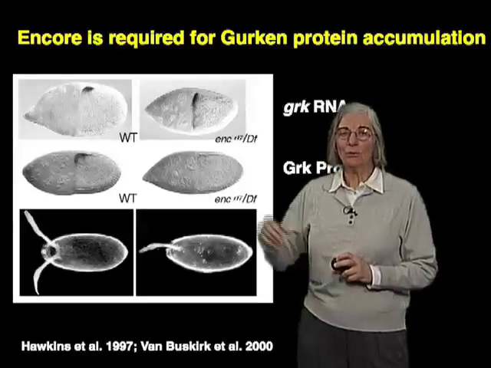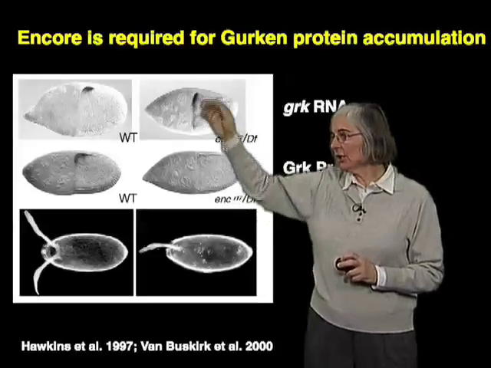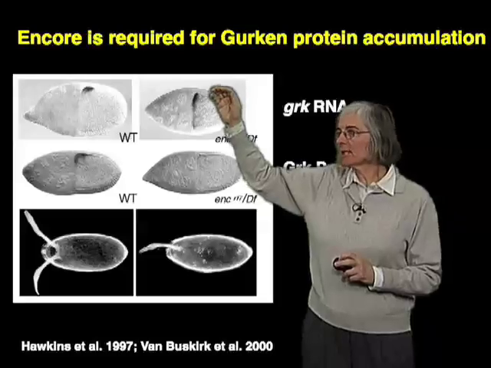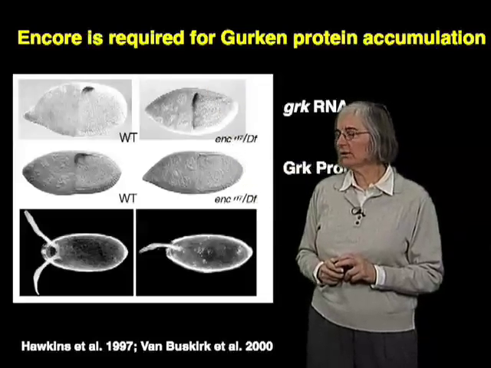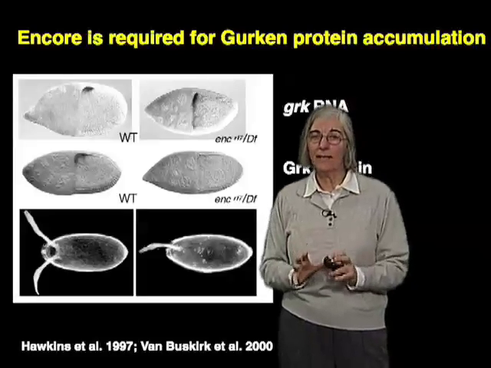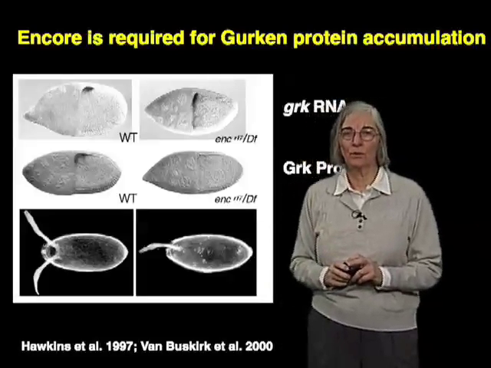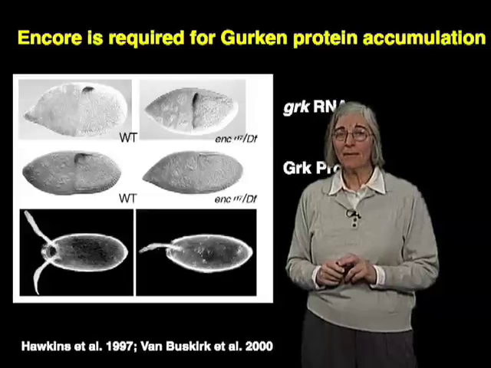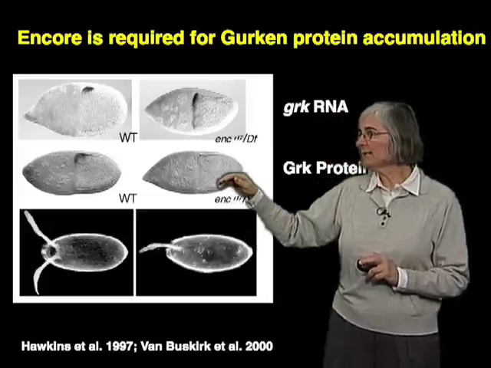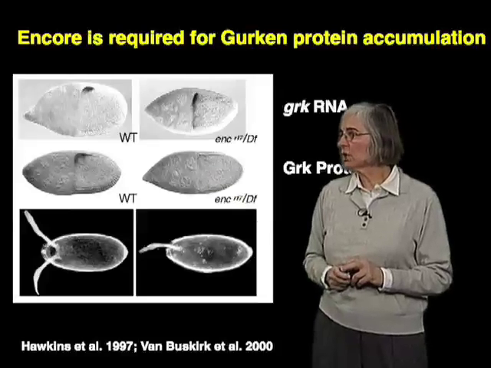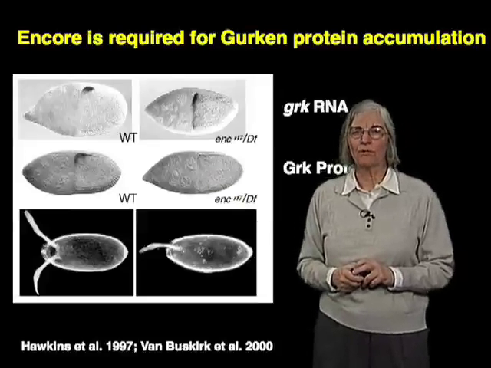In the ENCORE mutants, you can see the Gurken RNA is somewhat localized. There is more RNA on the dorsal side than on the ventral side, but it's not very tightly localized to the dorsal anterior corner. And then very dramatically, the amount of Gurken protein that we see at this stage of oogenesis is very much reduced.